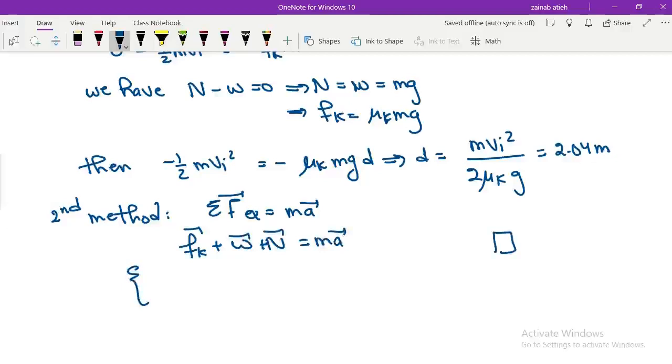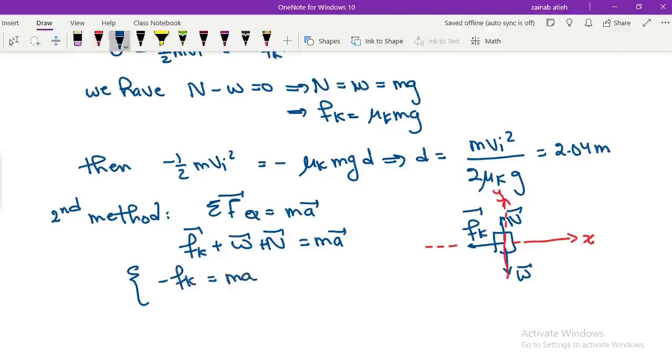Here we have fk backward, with normal and weight, and the motion is to the right. So this is the x axis and this is the y axis. Don't forget, the x axis is along the motion. Minus fk equals ma, and n minus w equals 0.